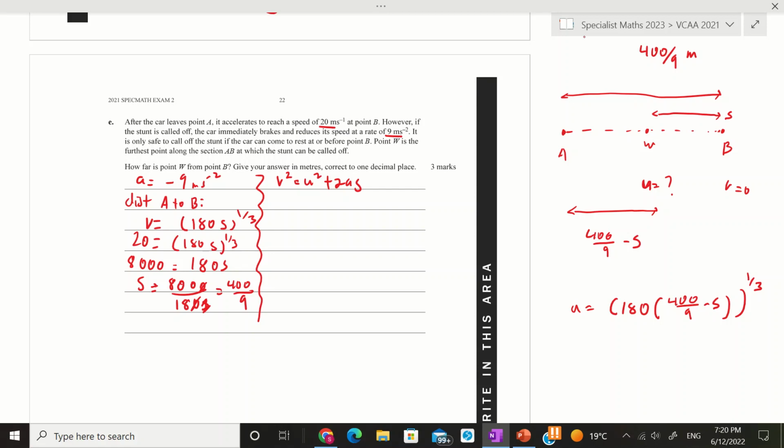And that's all I have to do for the initial velocity. The final velocity obviously is 0. So the initial velocity is what I had before, 180 times 409 minus S to the power 1 on 3, plus 2 times a, we know a is negative 9, and S is what we're trying to find.